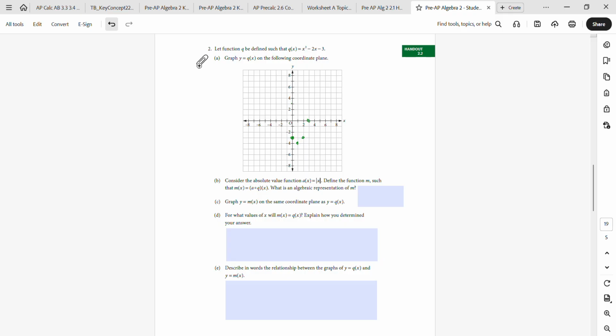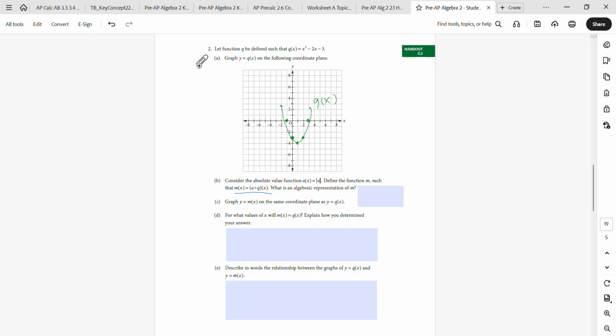So that means negative 1, 0, and we can see that from the factoring. So this would be Q. And then when I put Q into A to make M, I'm taking this quadratic and plugging it into the absolute value function.